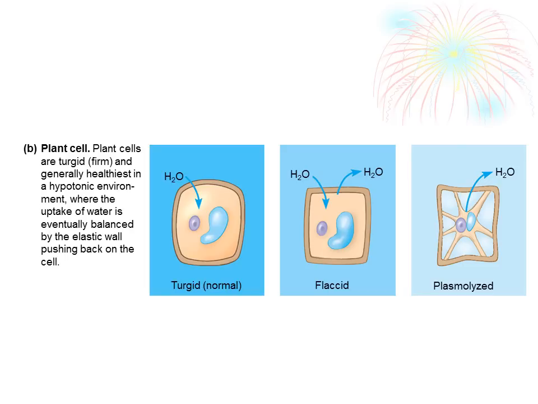So here's an illustration of that. This first picture is showing a turgid or a normal cell. This is what we want our cells to look like. We want it to be in a hypotonic situation where water is continuously entering into the cell.